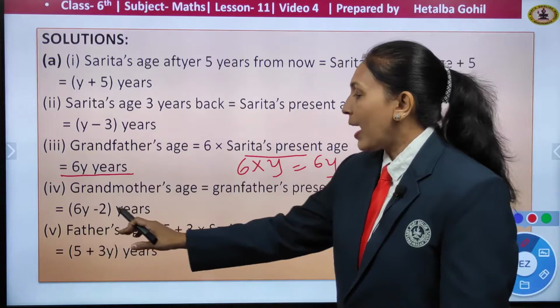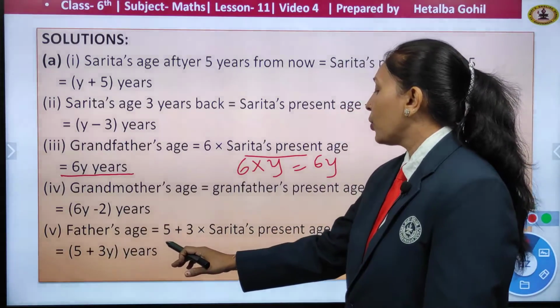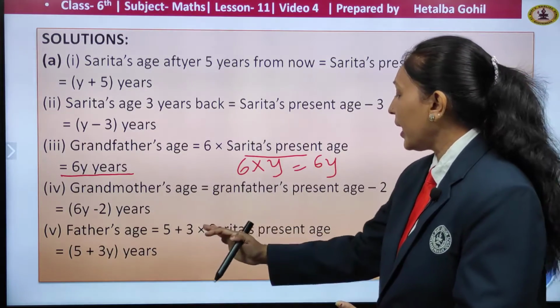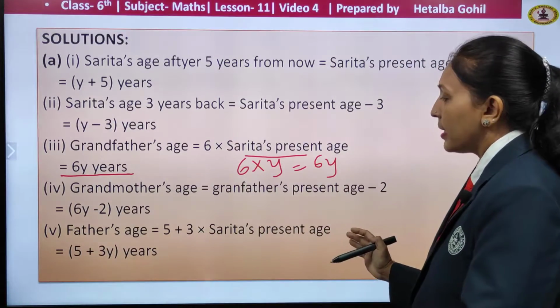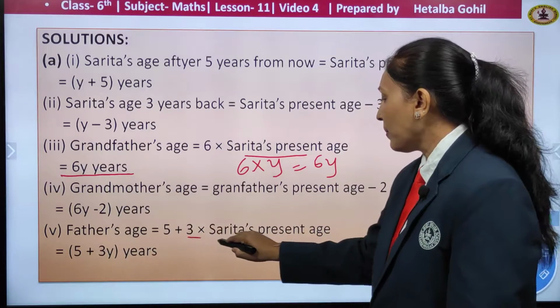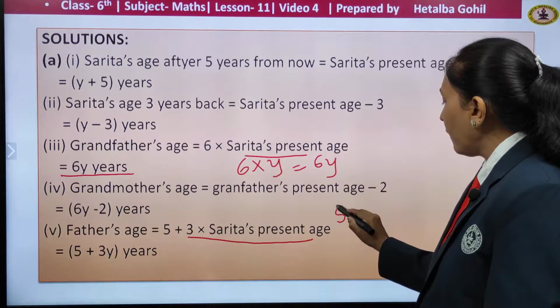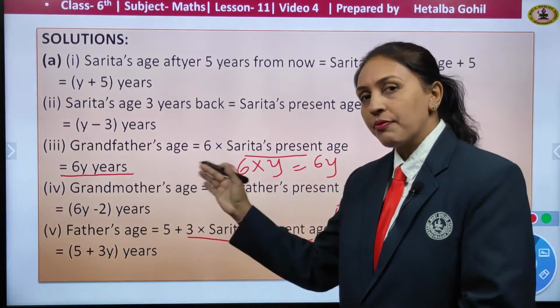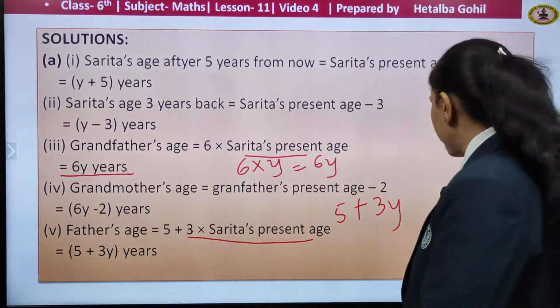Similarly, her father's age is 5 years more than 3 times Sarita's present age. So 5 plus 3 times Sarita's age means 5 plus 3y, or you can write 3y plus 5 years, one and the same.